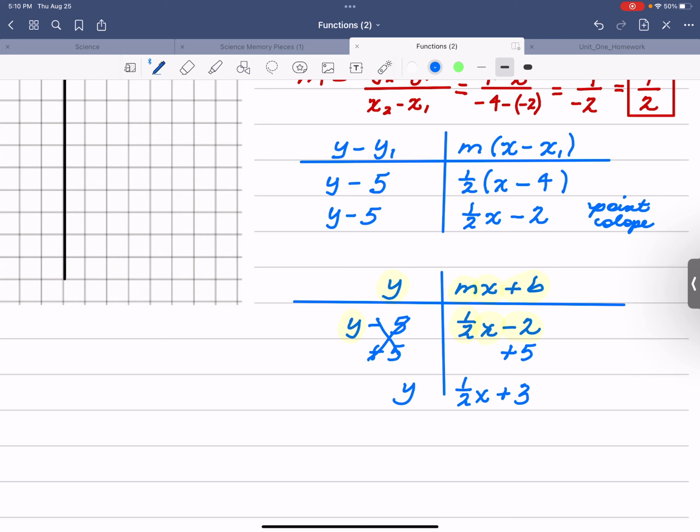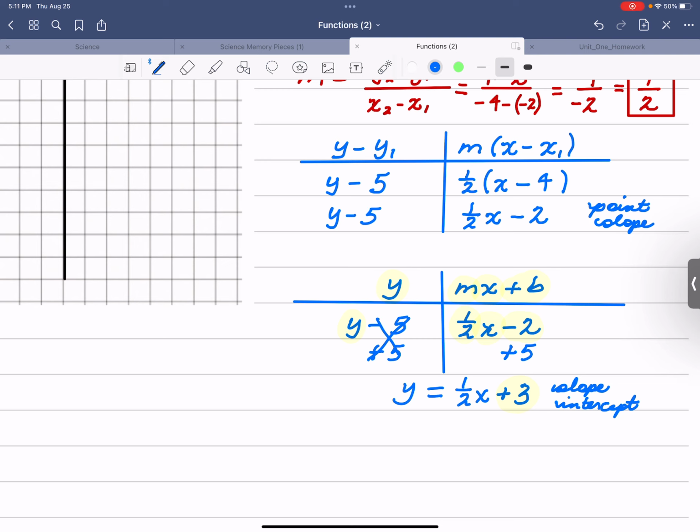Now look what happened to baby b. You don't ever want to do baby b until you finish simplifying. Baby b was not -2. Baby b is actually +3, and we'll look at the graph to see that. But this is slope intercept. I won't do standard on this one.